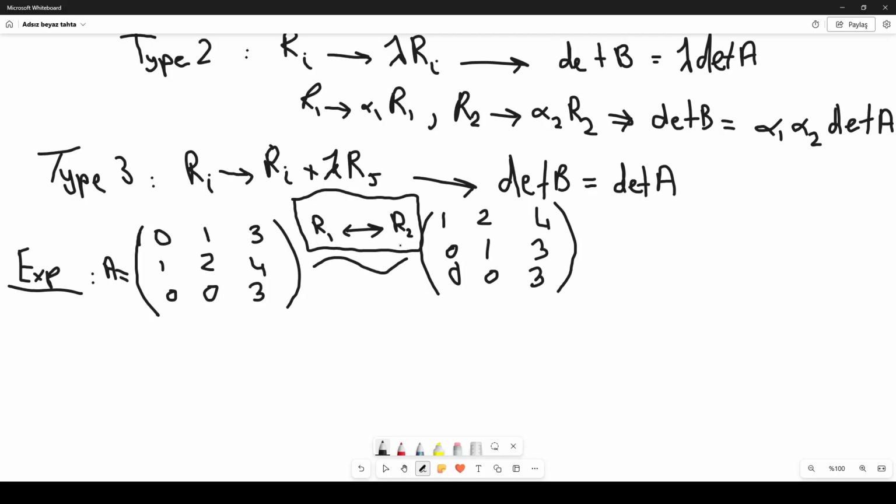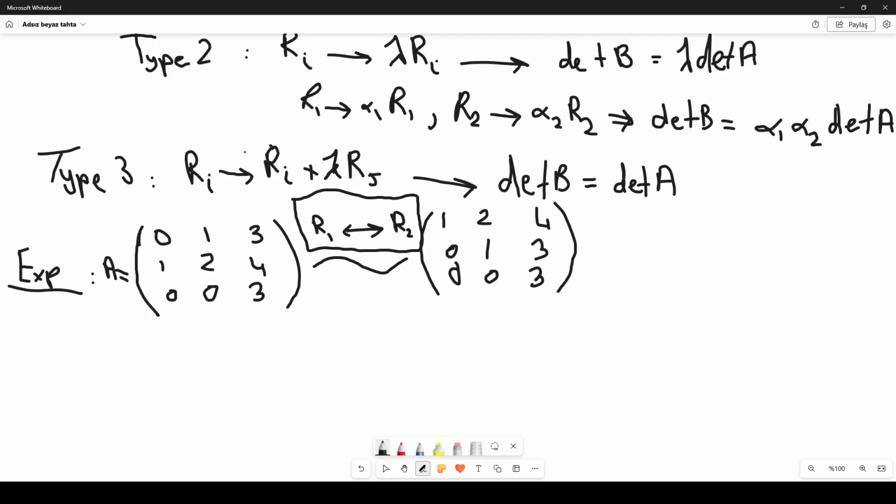But this is the first occurrence of type 1 operation. If we have one more, then that means -1 times -1, which is equal to +1, and multiplying by +1 wouldn't change the result. So if you have an even number of type 1 operations, there would be no effect on the actual value of the determinant. But if you have an odd number of type 1 operations, then we multiply the original determinant by -1.